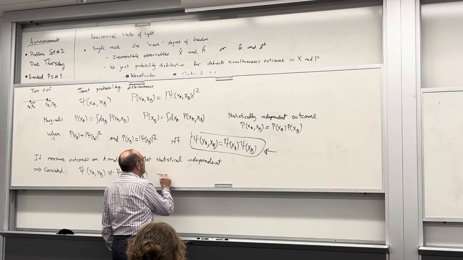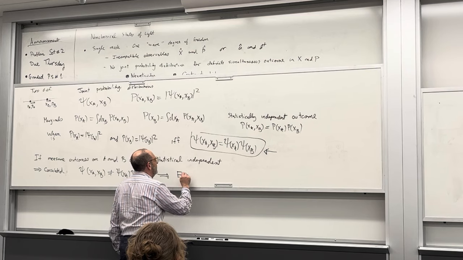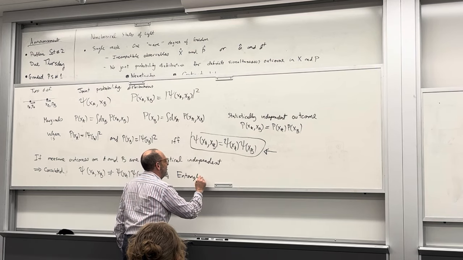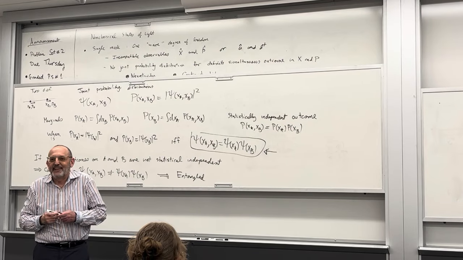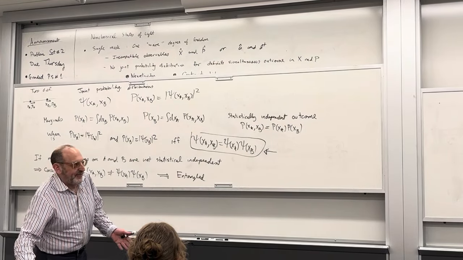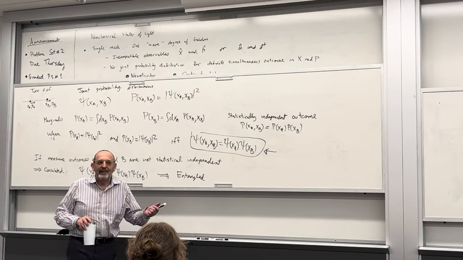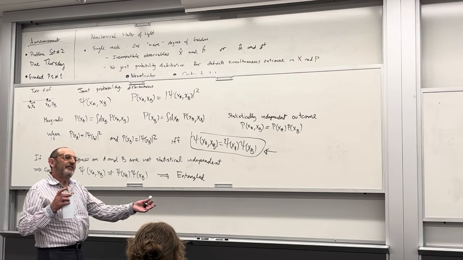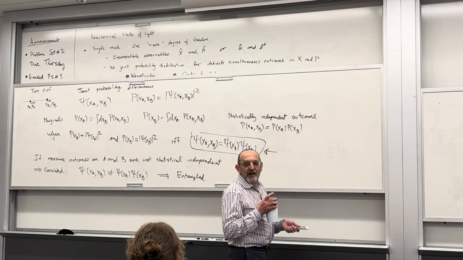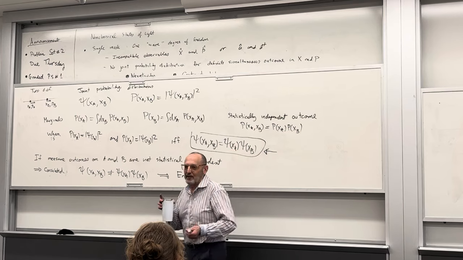And in that case, we say that it's entangled. Now, that sounds heavy-handed. I mean, we're just saying that it's not statistically independent. And so what? We know that there can be lots of things in classical physics where the measurement outcomes of two different random variables are statistically correlated.